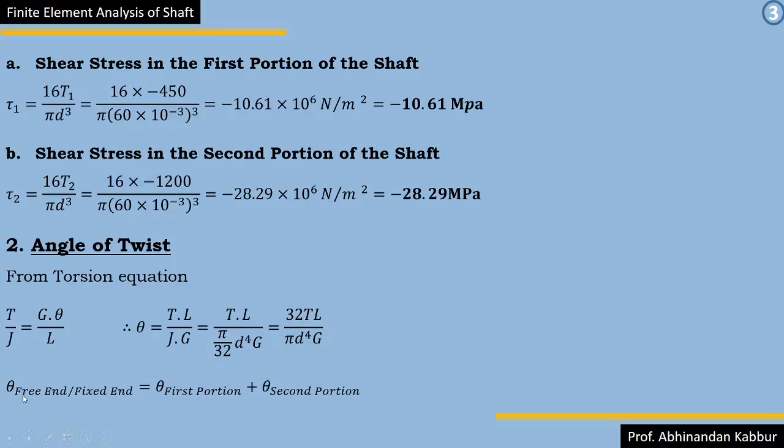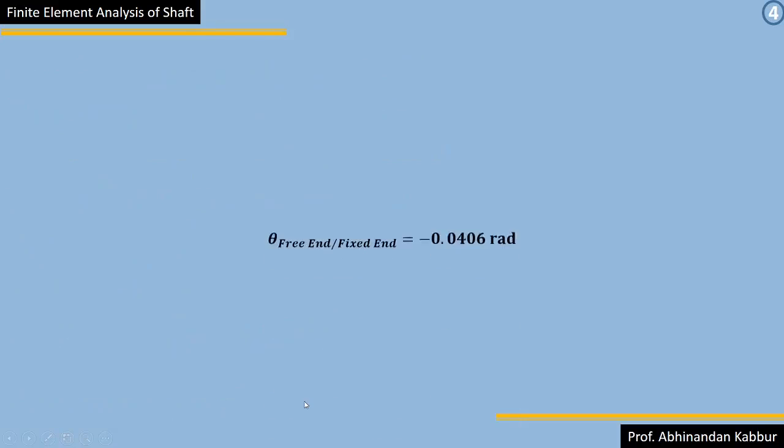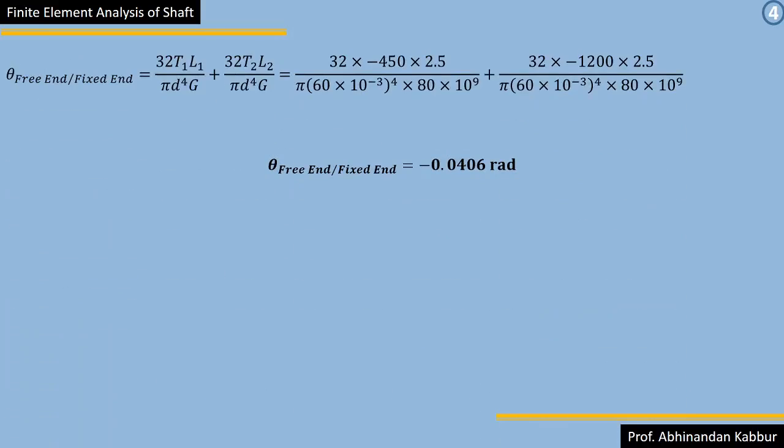So I am calculating theta at the free end with respect to the fixed end. That will be equal to theta in the first portion plus theta in the second portion. So finally I am going to get this, where I need to substitute the torque applied in the first portion and the length of the first portion, where the diameter is the same for both portions.